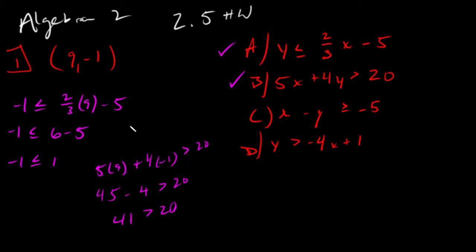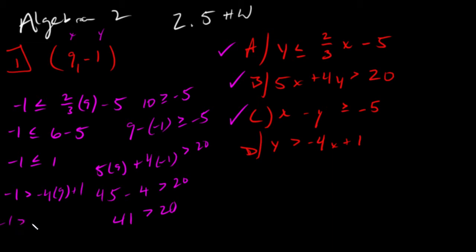So then we get 9 minus a negative 1 is greater than or equal to negative 5. That's 10. Is 10 greater than or equal to negative 5? Well, absolutely. We are in solution heaven. Look at all these solutions. And then you've got the last one. Plug in x and y. So this goes into x, this goes into y, by the way. Negative 4 times 9 plus 1.